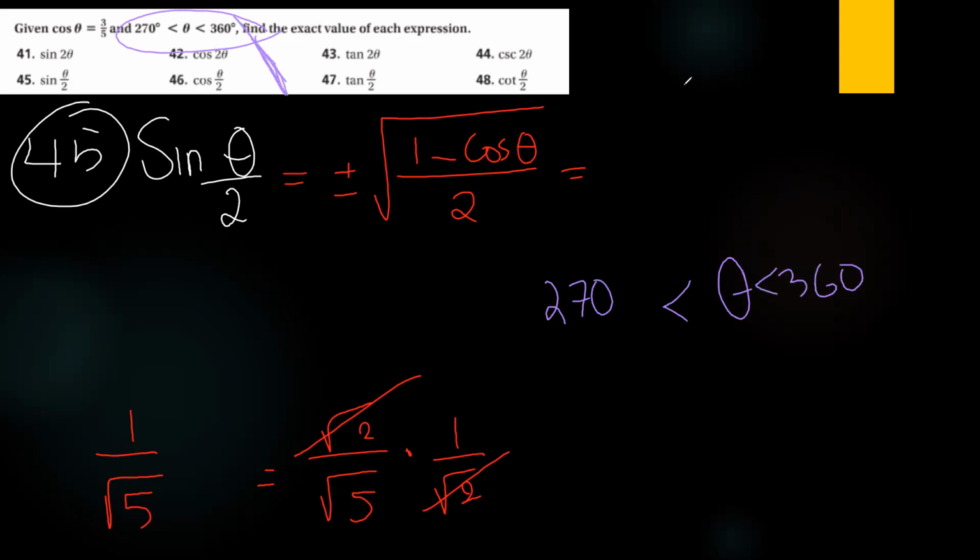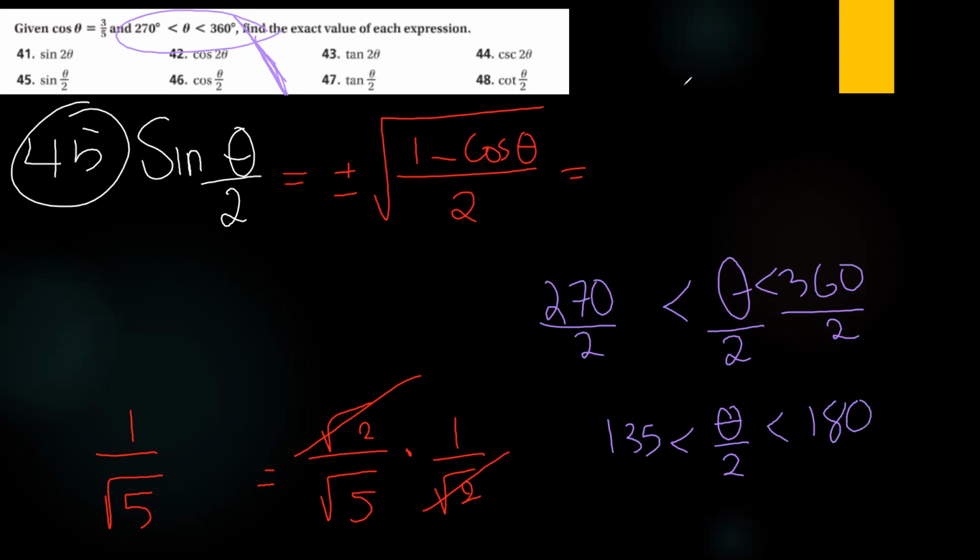And what did I need in order to find the half angle? I need where theta over 2 lies. So I need to divide each part by 2. So theta over 2 is greater than 135 and less than 180. So in which quadrant am I now? In quadrant 2. Quadrant 2, bravo.